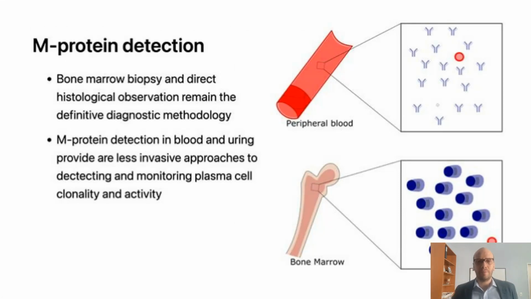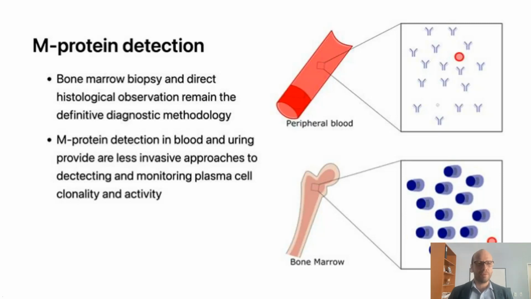So for offerings from the clinical laboratory, the definitive study remains the bone marrow biopsy, which provides direct histological assessment of plasma cells and characterization of their clonality. However, bone marrow biopsy is invasive and expensive.